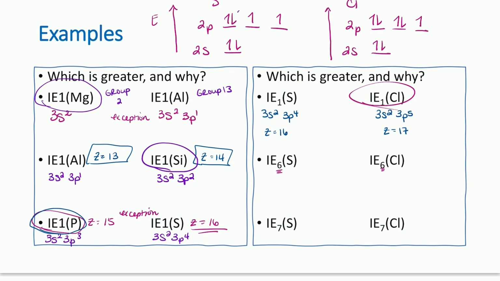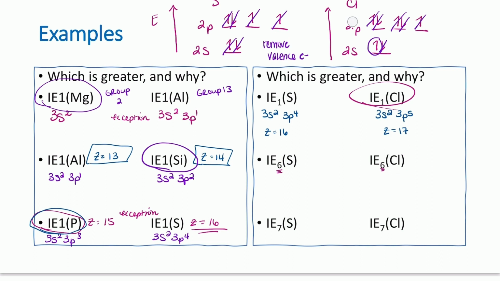Let's count backwards. 1, 2, sorry, I counted that wrong. 1, 2, 3, 4, 5, 6. That would remove all valence electrons. Versus 1, 2, 3, 4, 5, 6. That would remove all but one 2s electron. This is going to be higher.